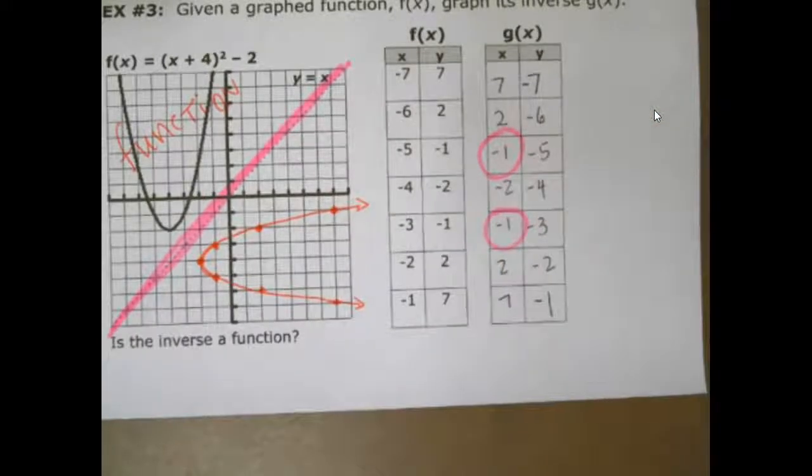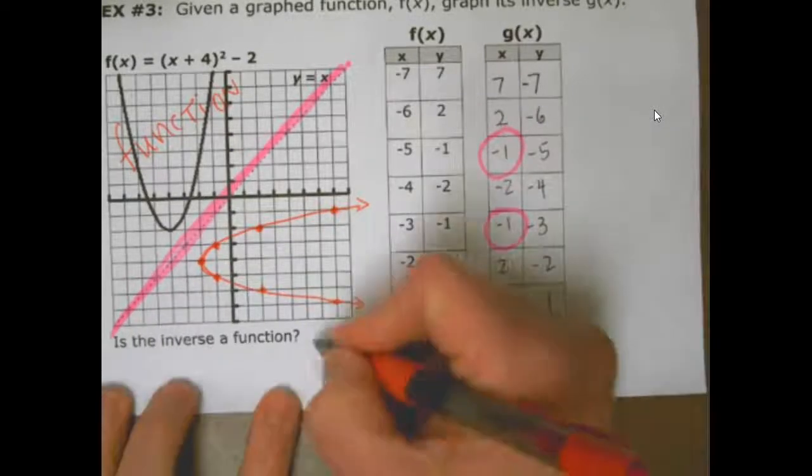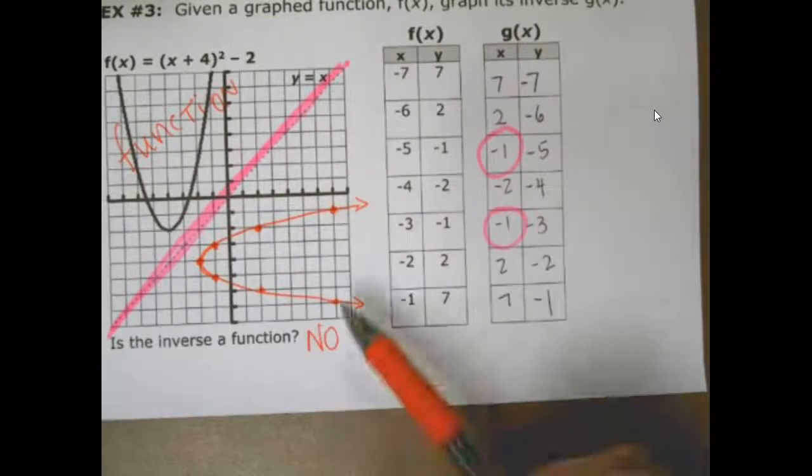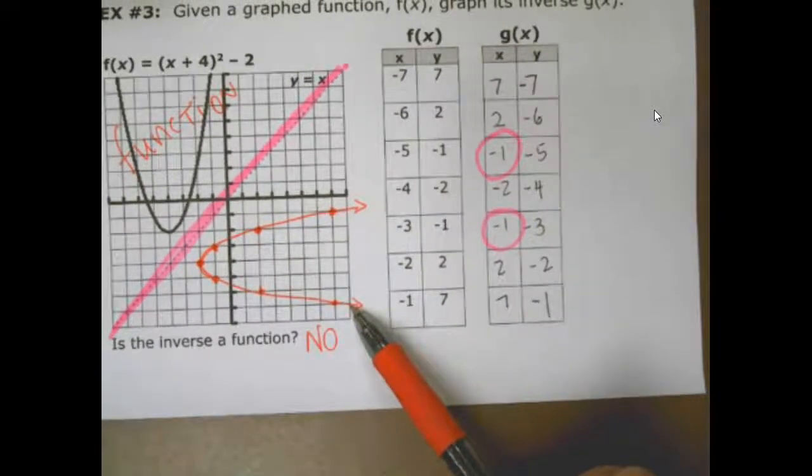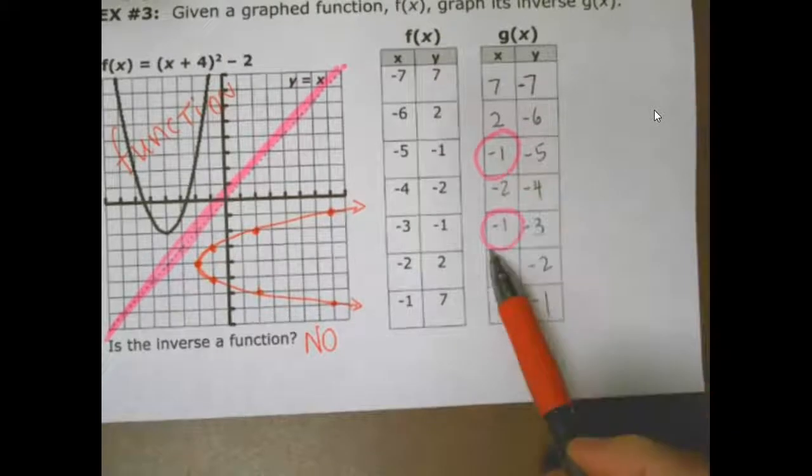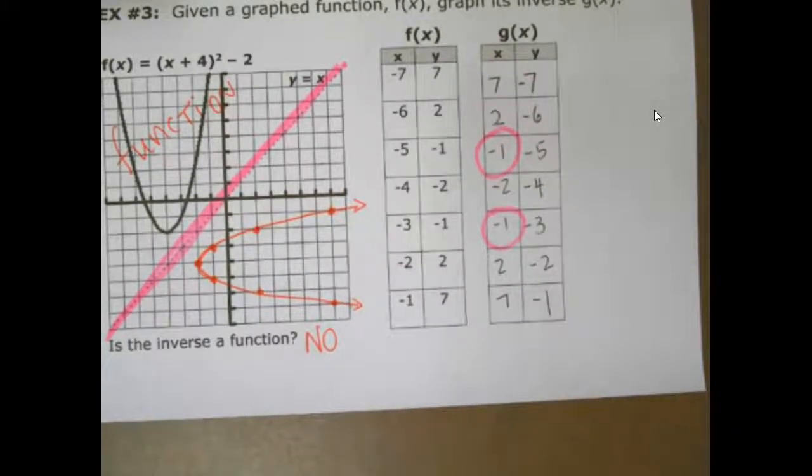You have more than one, but at least one. Do you see that the x value is repeated? That means that this is not a function. This one right here is not a function because it has repeated x values. It's pretty easy to tell a function from a table.